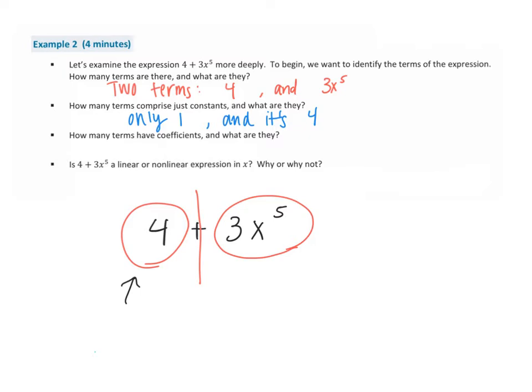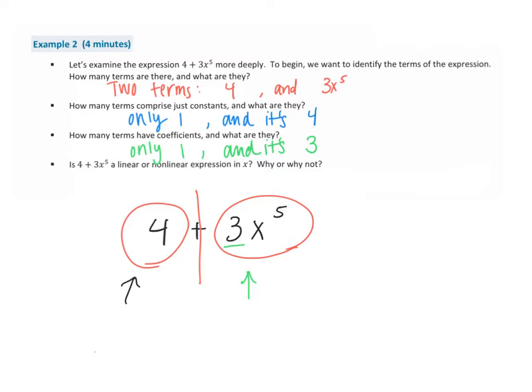So coefficients are numbers that go in front of variables. So obviously this term over here, 4, is not going to have a coefficient because there's no variable. Over here we do have a variable and we have a coefficient. So that number that's directly in front of the x is 3. So only one has a coefficient, and that coefficient is 3.